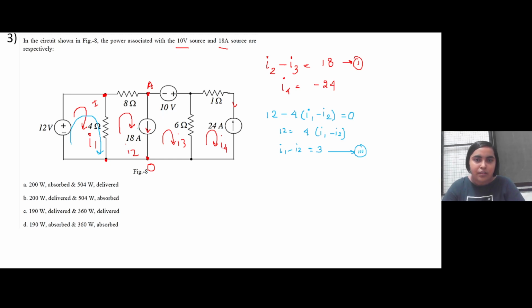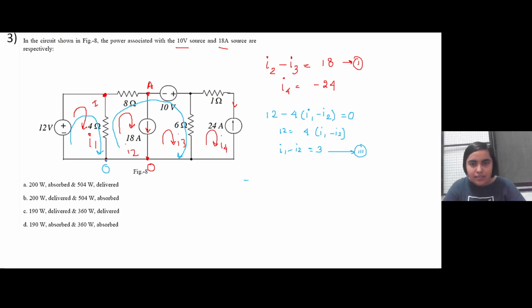Now let us apply KVL across the bigger loop, this particular loop. We first traverse from this node, which is also 0, the reference node. Through this 4 ohm resistance, I1 current is flowing and I2 current is in the reverse direction.